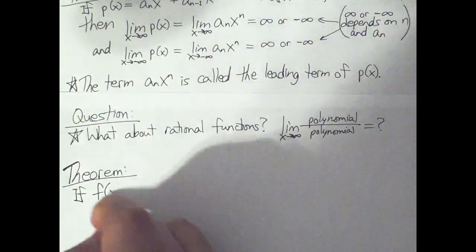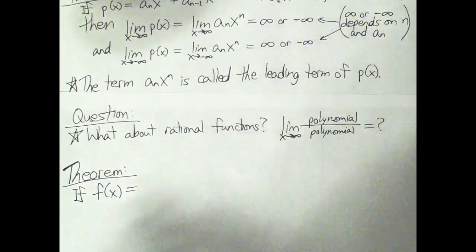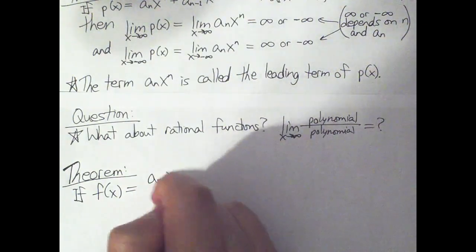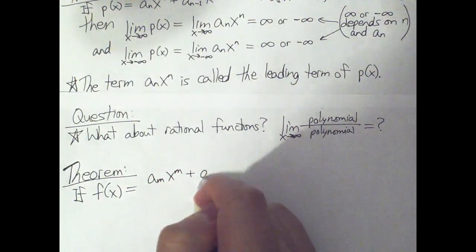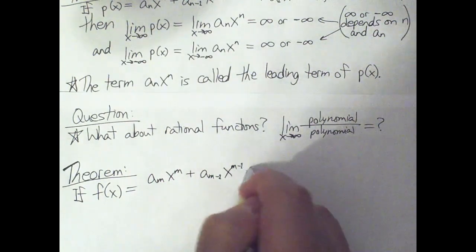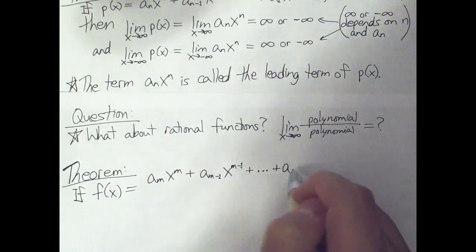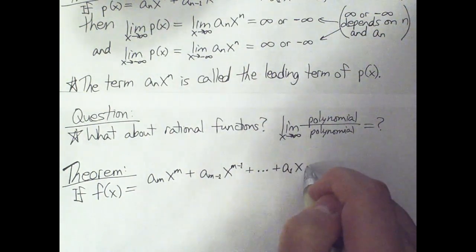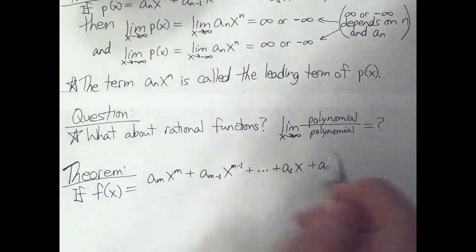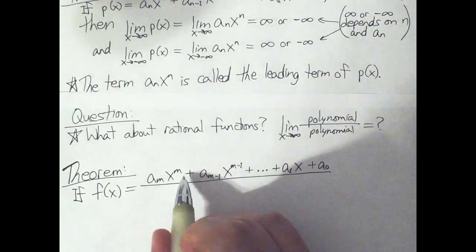This is going to be f of x equals, we want to write out a general rational function. So we want a polynomial over a polynomial. And we don't know what their degree is. They might be the same, they might not be. So we're going to use different letters up top and on the bottom. Different coefficients, but also different exponents.